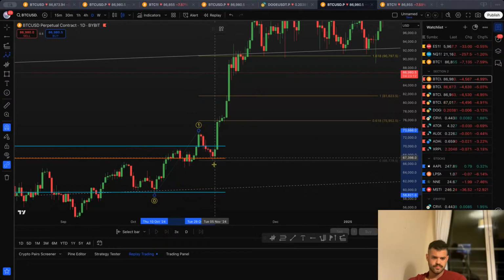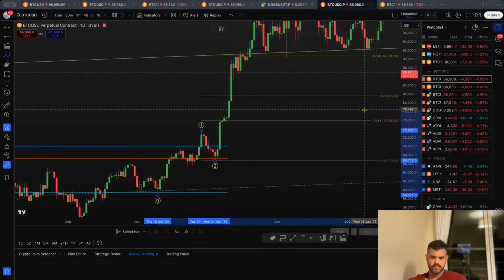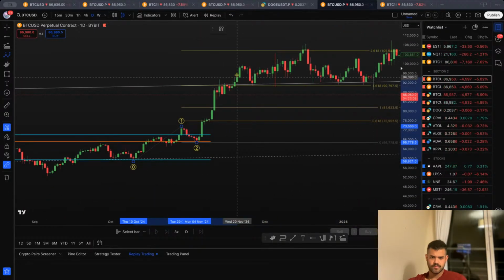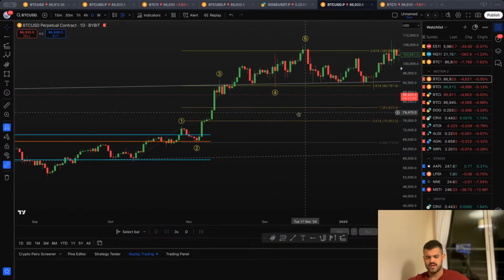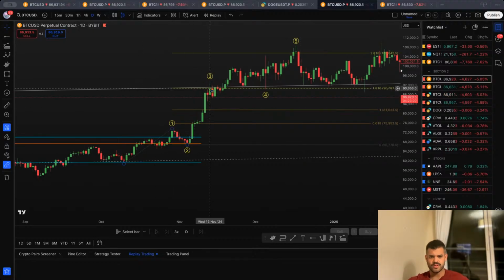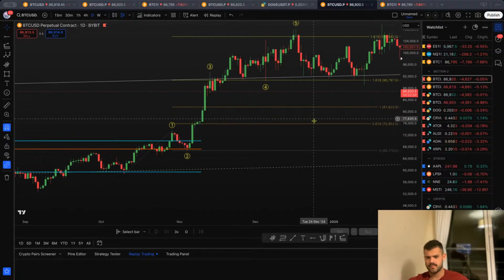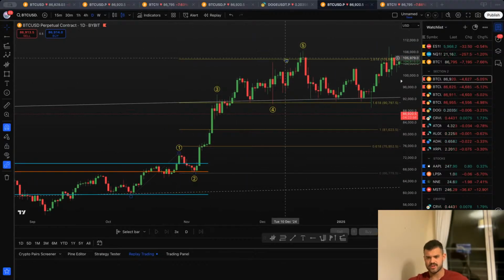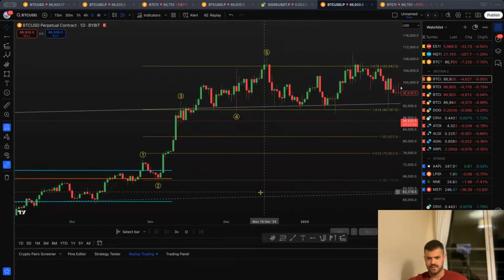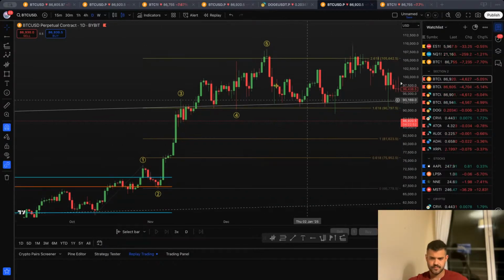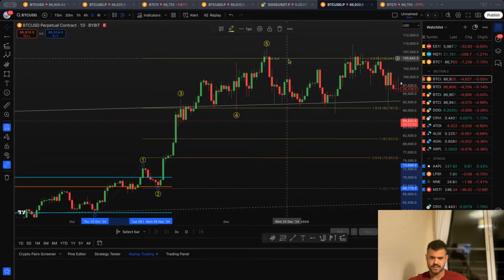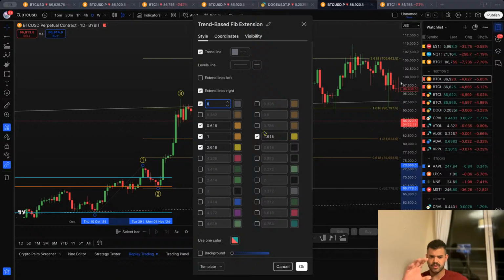1, 2, 3, 4, 5. So the way that we'll take 3 is like a 1.618, okay? And the way that we'll take 2 is at 2.618. Yeah? 2.618 to 2.66, golden pocket.